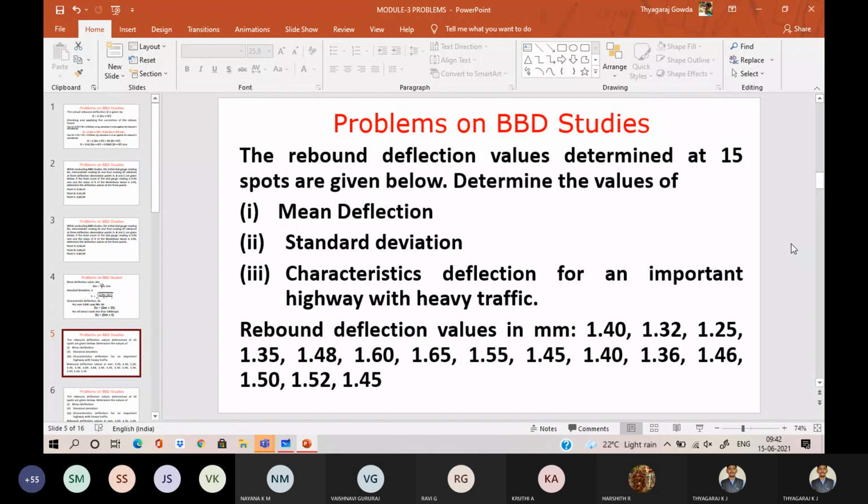So this is another type of problem, calculating the mean, standard deviation, and characteristic deflection for the given values. This type of problem they will ask for 6 marks. Okay, this type of problem will be asked for 6 marks.